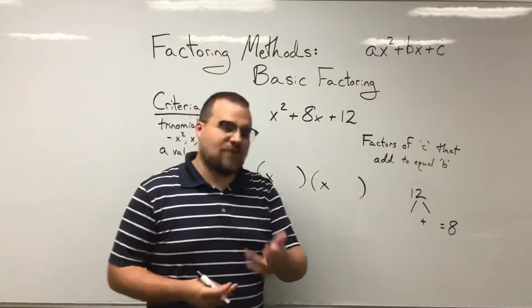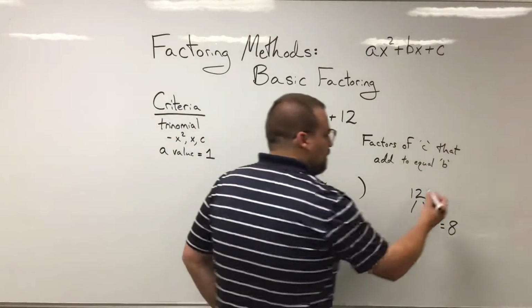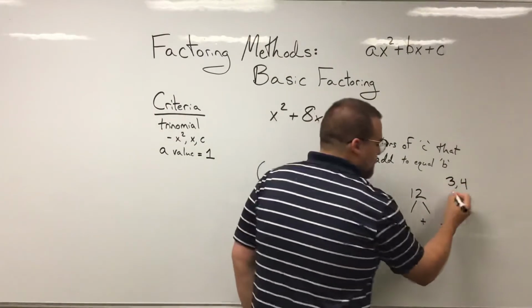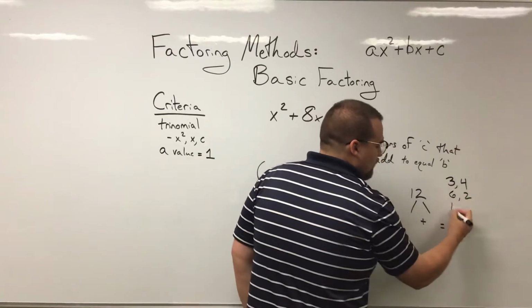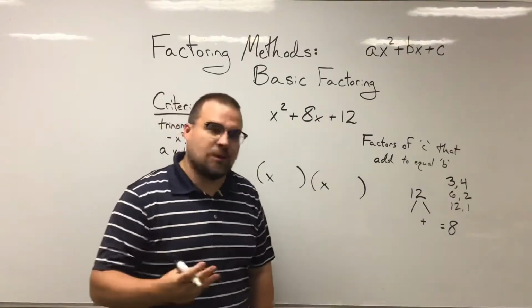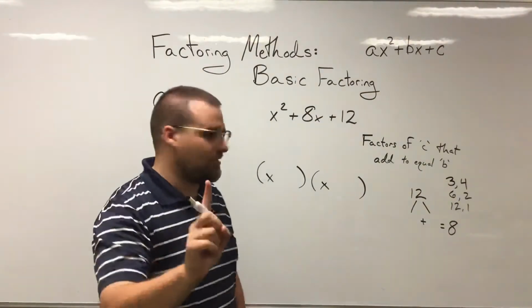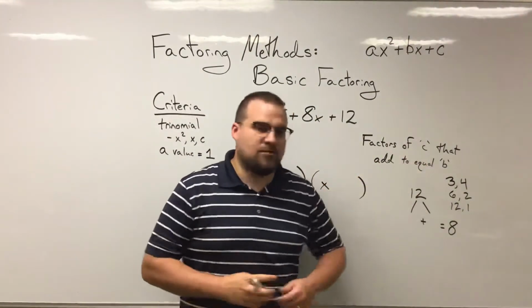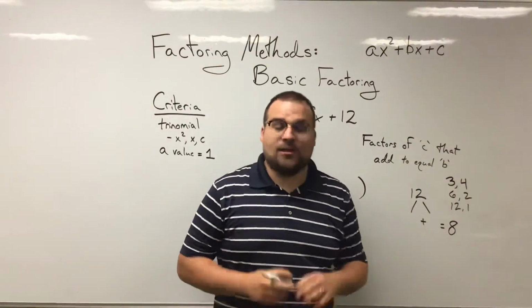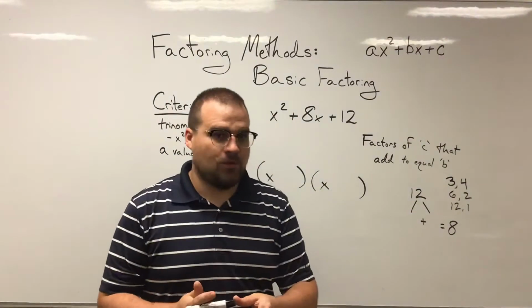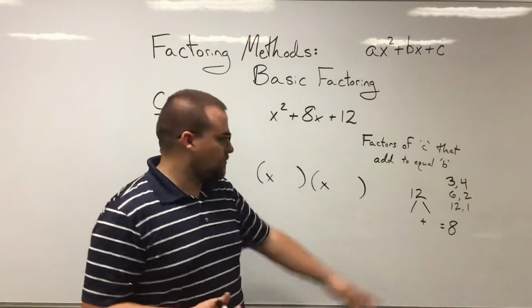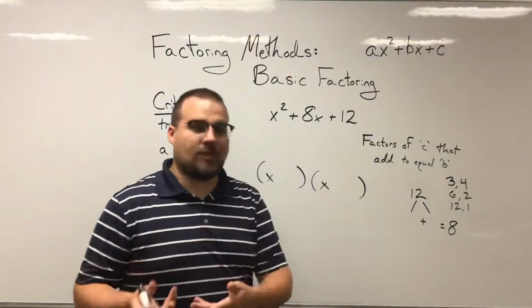When I think of factors of 12, I think of 3 and 4, 6 and 2, and 12 and 1. All three of those sets of numbers satisfy our first condition, factors of c. But we need to know which one satisfies the second condition, and there's only ever going to be one of them. Which one of these sets of factors adds to equal 8? We see that right here, 6 and 2.